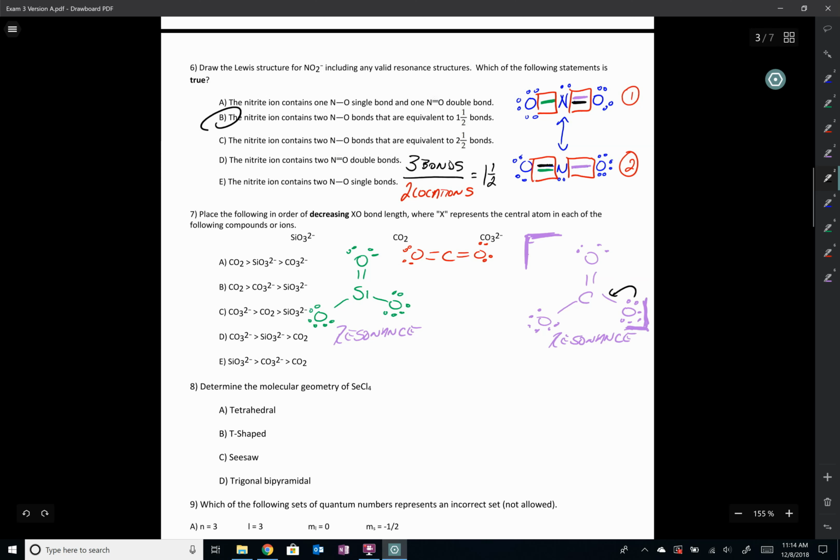We can drop a lone pair to make a bond, and we can turn a bond into a lone pair, to where we can make a resonance structure that would look like this. And we can do the same thing over on this molecule too.